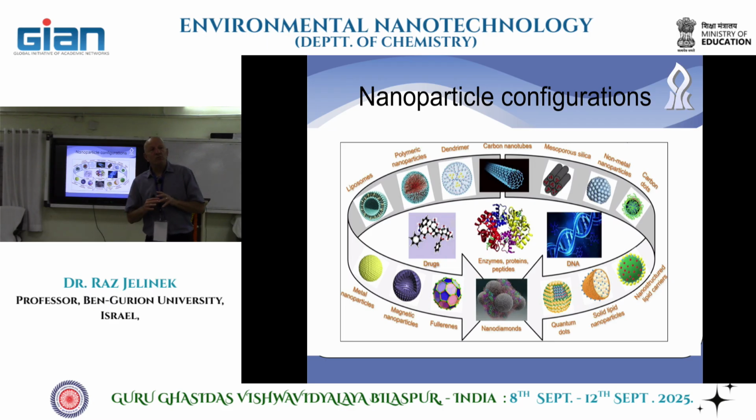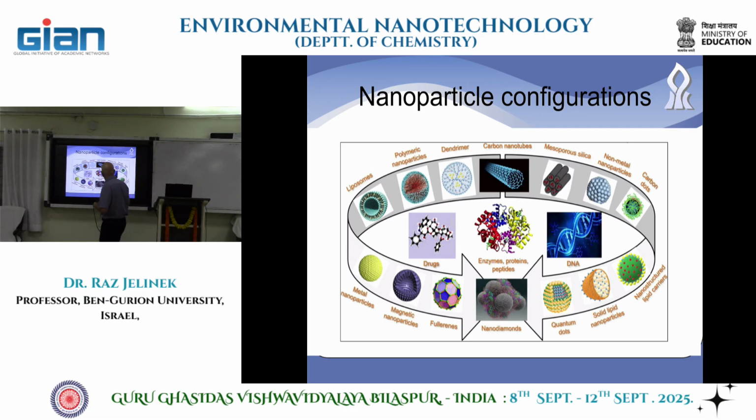From the early days of nanotechnology, the nice thing that people did is design and produce nanoparticles in different shapes and morphologies. This is here a summary of the various nanostructures that we can make in the lab. And why is it important that we have so many nanostructures?